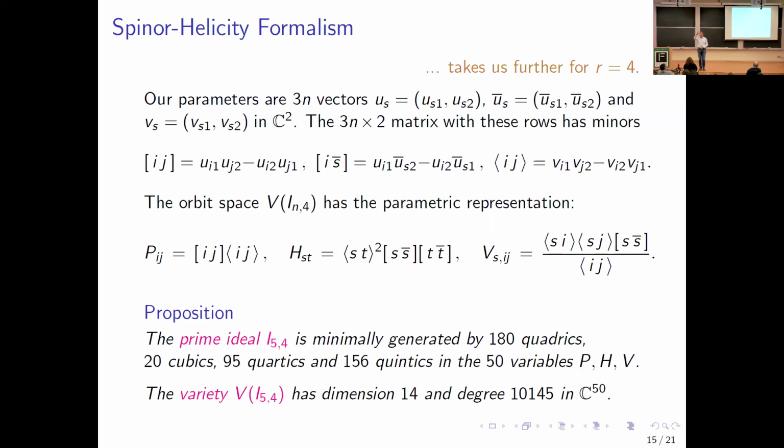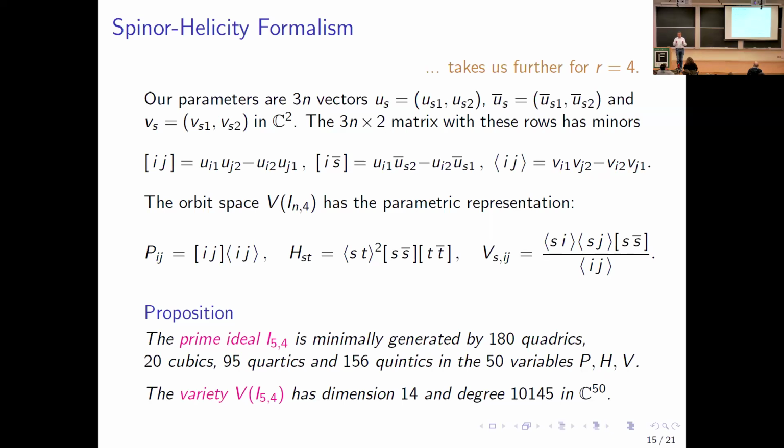Now you have these funny brackets. You have this bracket and that bracket. And in physics, you do bra and ket makes bracket. Okay. So my orbit space in these coordinates has this new parametrization. So Pij is this product, Hij is this product.